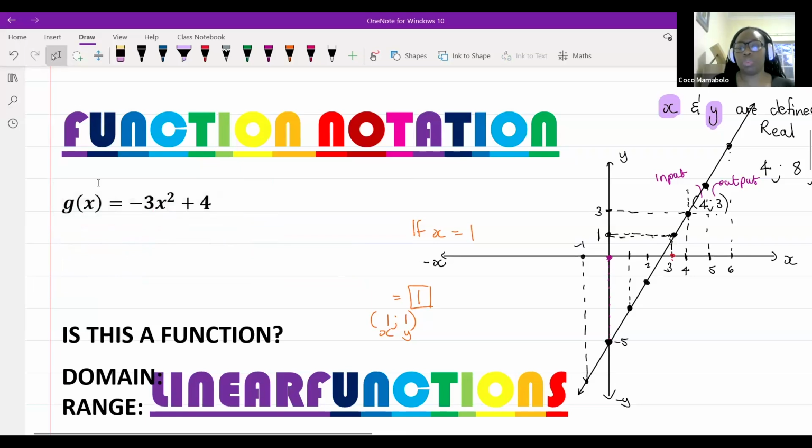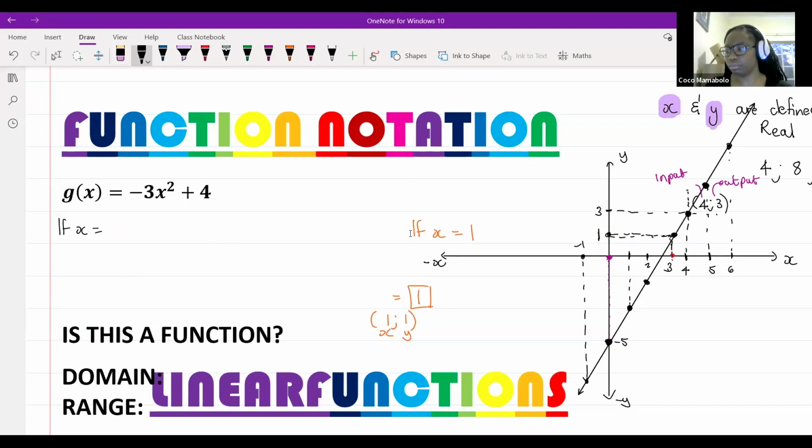If we have a function, the name of the function is g. I'm going to choose a random value of x that will be defined on g. Sia, do you want to pick a value for me? Pick an x value. Doesn't matter what it is. If x is equal to what? Pick a number.